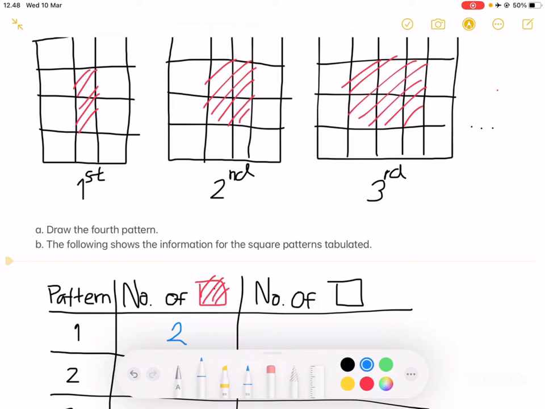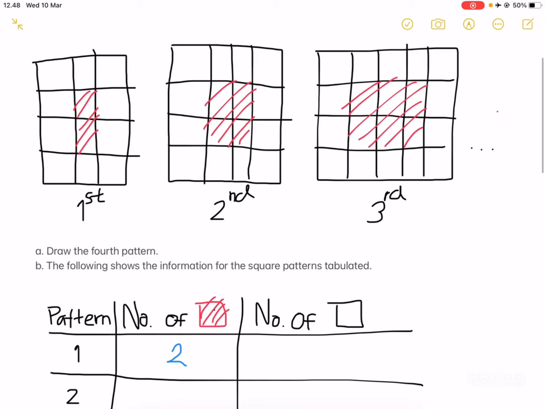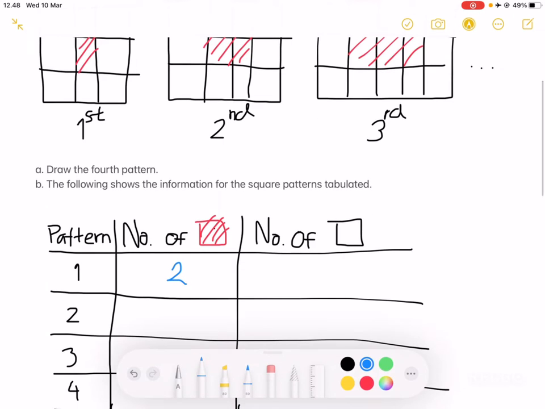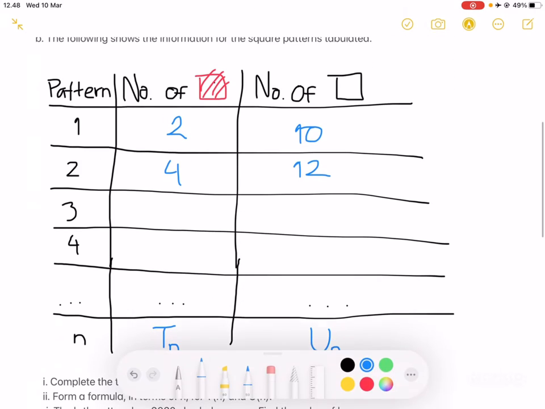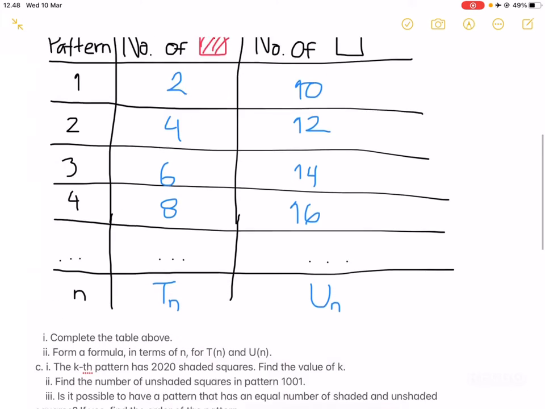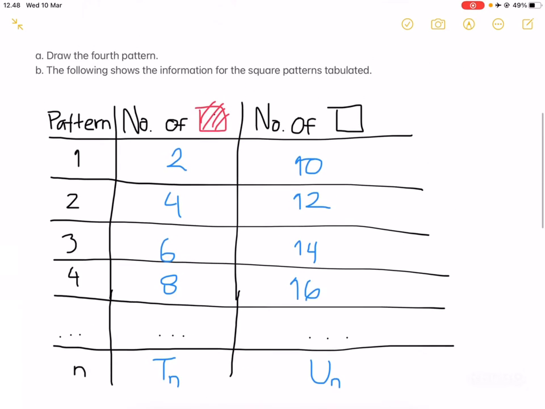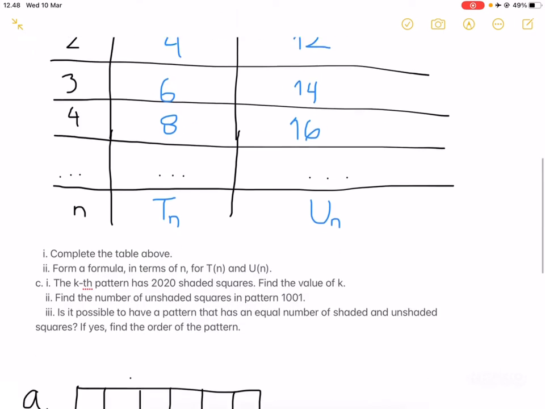So I'll just speed this up for you guys. Alright, so that's it for the table part.